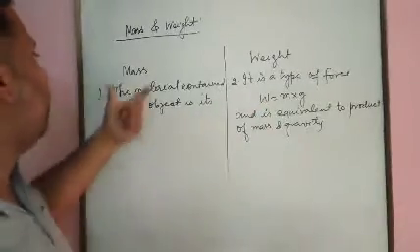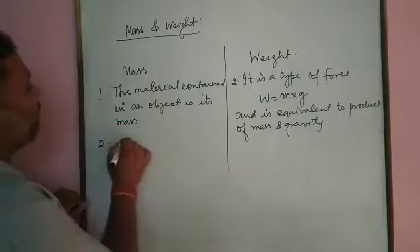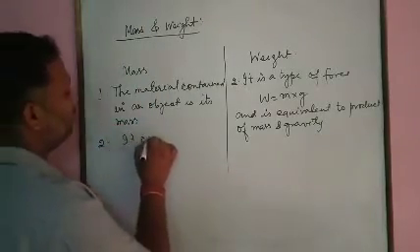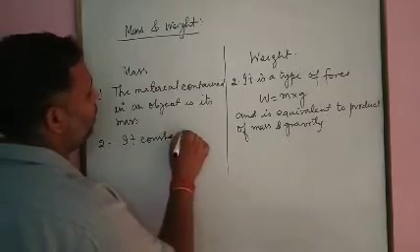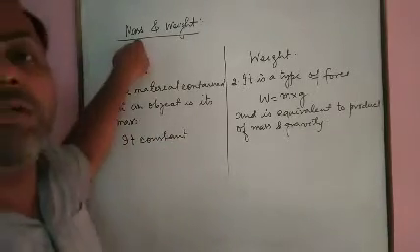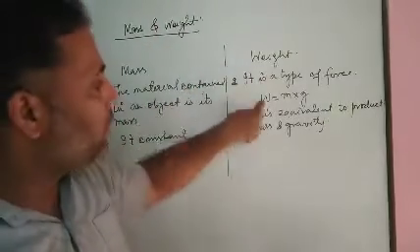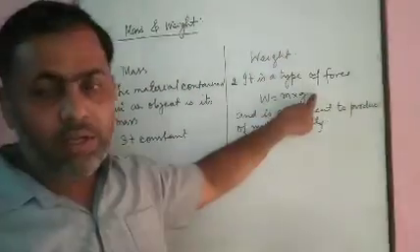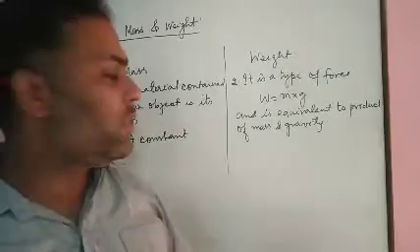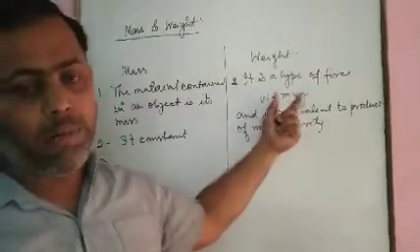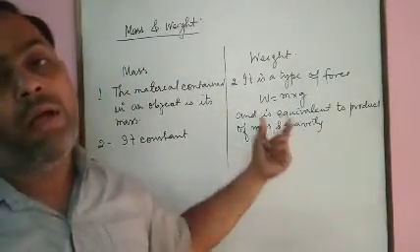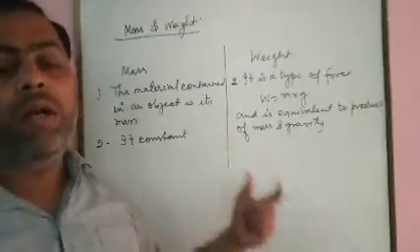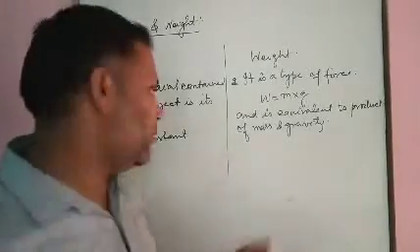To the next one, we know the mass is constant everywhere, whereas we see here weight is dependent on gravity. It means when gravity changes, weight changes. It means weight is not constant, it is dependent on gravity. It will vary when gravity varies.